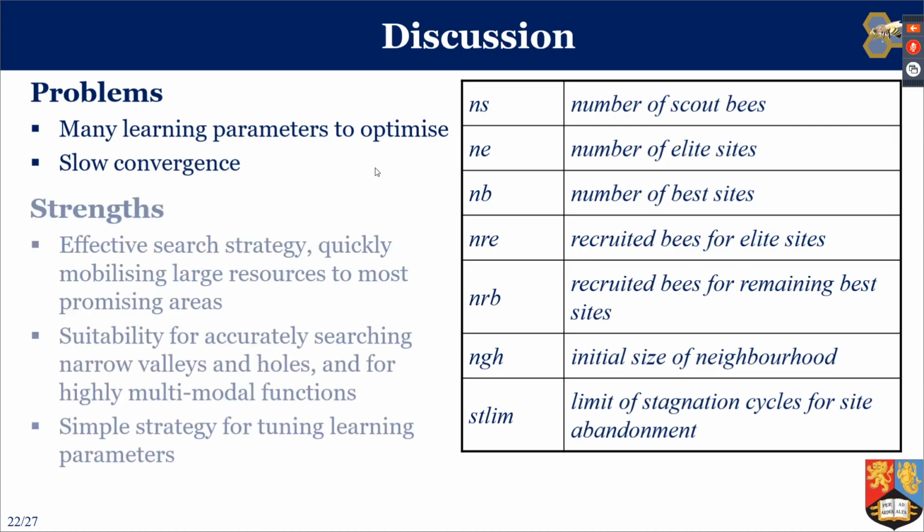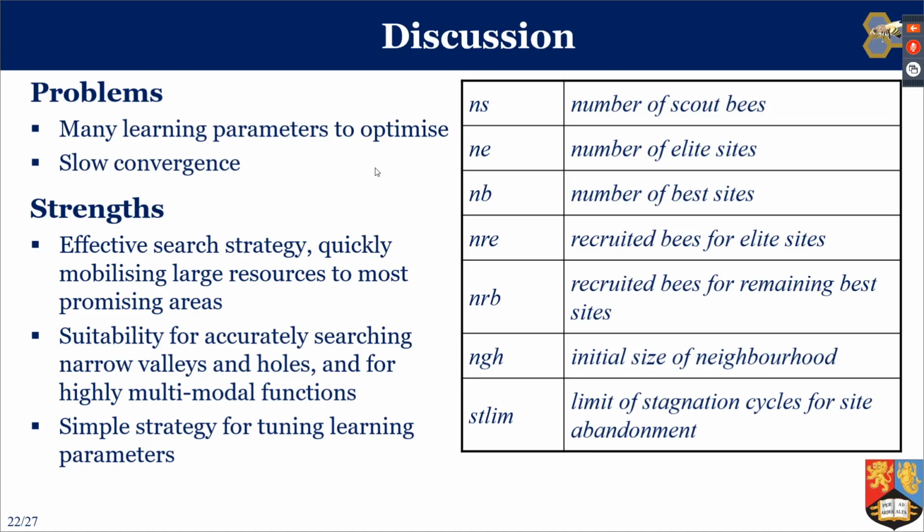But the bees algorithm has many strengths. And one of the strengths is that it has a very effective search strategy, enabling it to mobilize resources to the more promising areas so that it doesn't waste time in areas that are not so fertile. The bees algorithm is very suitable for complex optimization problems involving narrow valleys and holes.